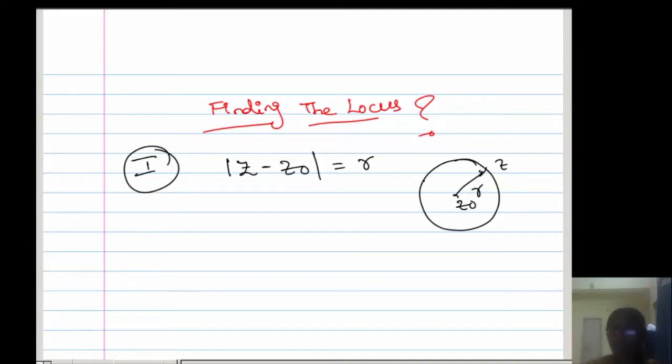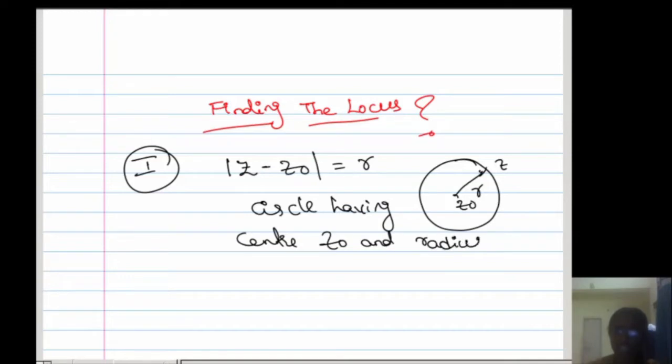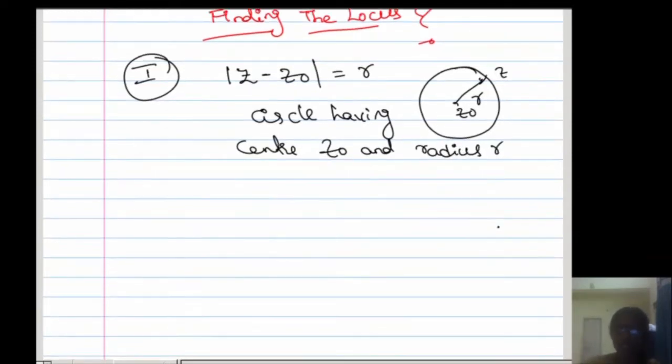The locus of all the points having equal distance r from the center z naught is a circle. So if any equation looks like this form, I can say that it represents a circle having center at z naught and radius r.